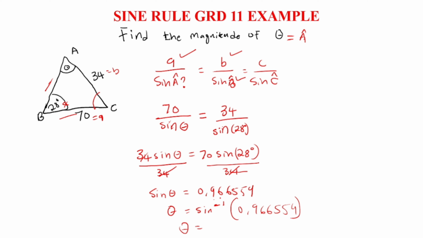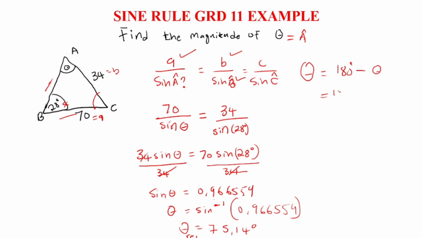Therefore, this should give you a reference angle of 75.14 degrees. Then from trigonometry, we know that sine is also positive at 180 minus the angle that we just calculated.